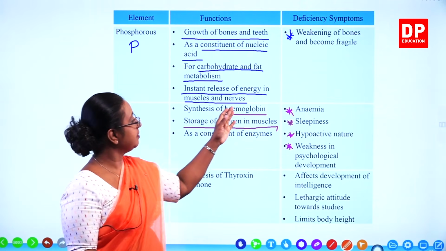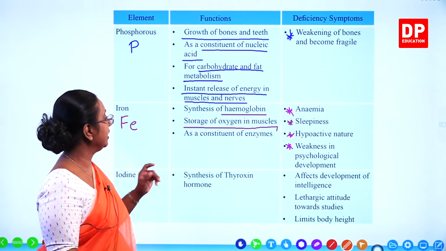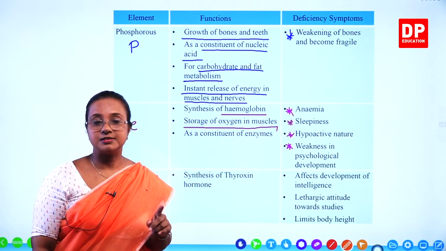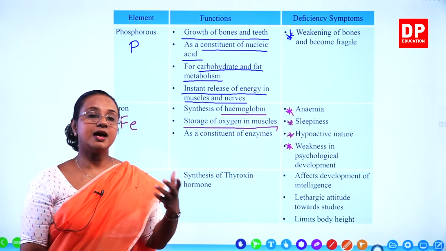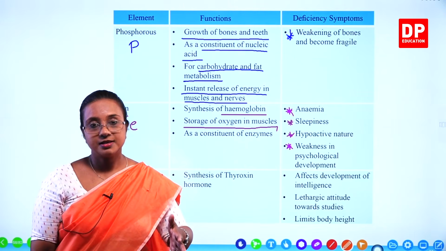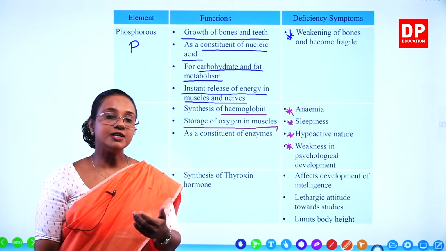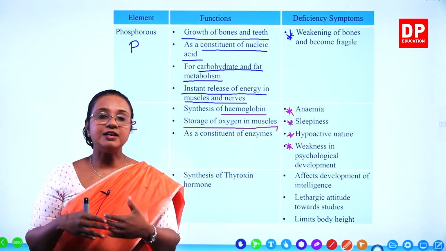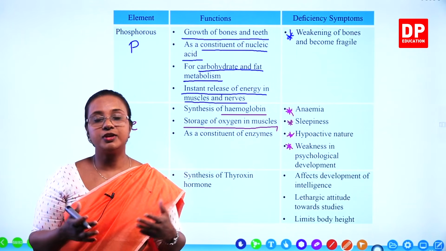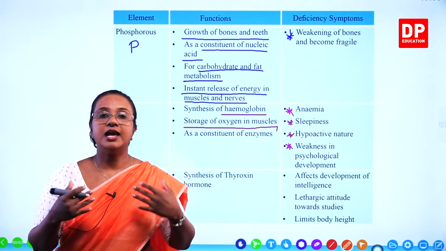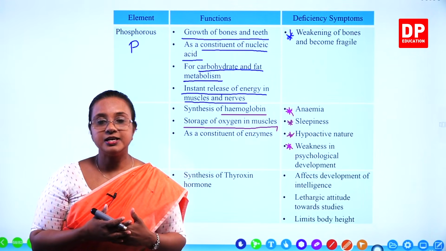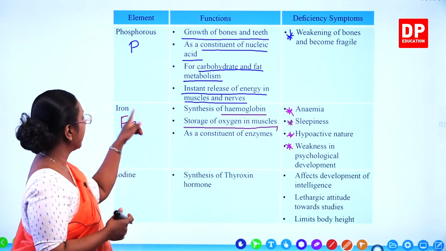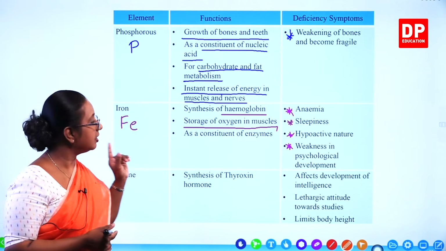As iron is important to produce hemoglobin, it is also important to store oxygen in muscles. Inside the muscles, there is glycogen and oxygen, and whenever necessary, glycogen will be converted to glucose and that will react with oxygen during cellular respiration and produce energy for the function of the body. For this, we need to have enough iron in our body.